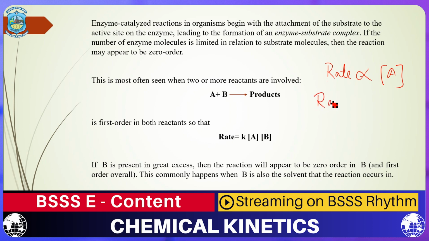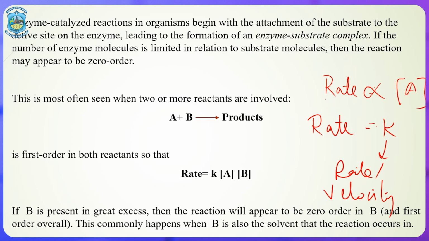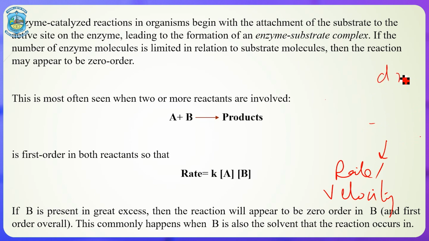So if you remove the proportionality sign, you get a constant, known as the rate constant or velocity constant, times the concentration of A. Also, the rate of any reaction can be expressed in terms of dx by dt, which means the change in the concentration of reactant with respect to time, that is, in how much time the reactant decreases, or, if we are expressing it in terms of products, how much product is produced with time.